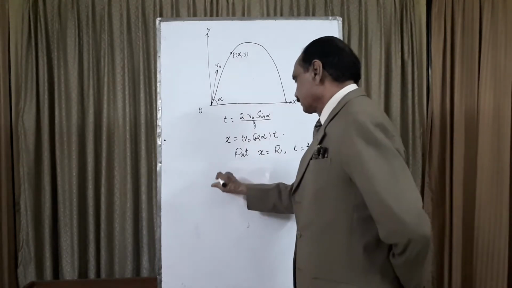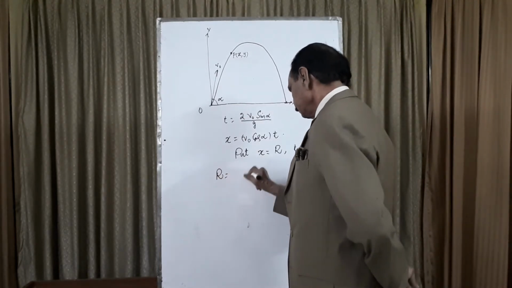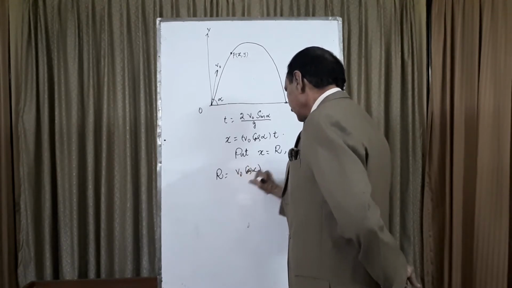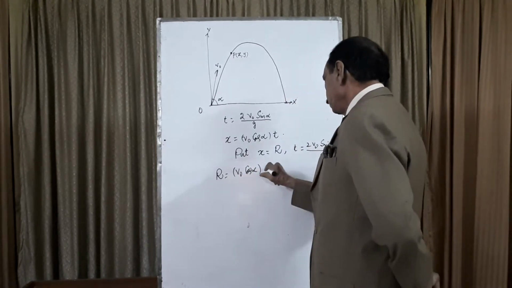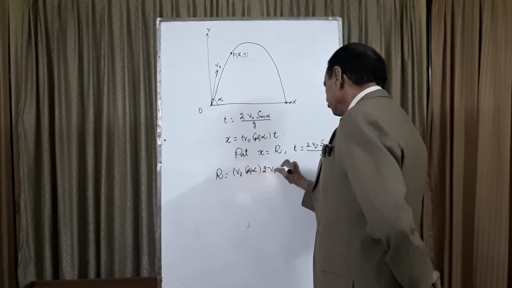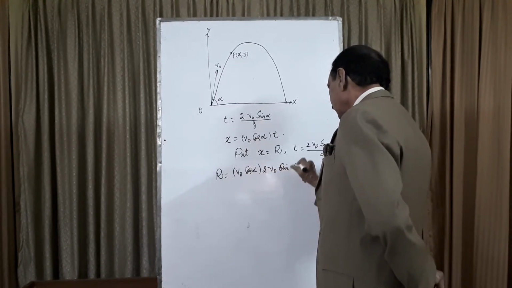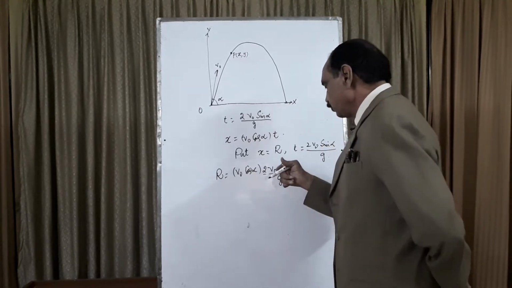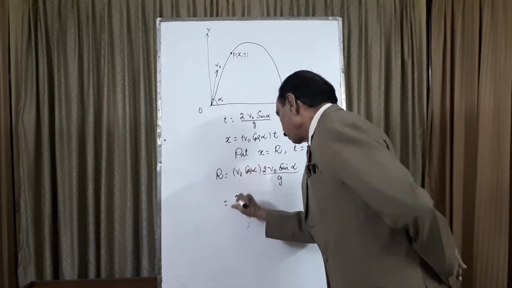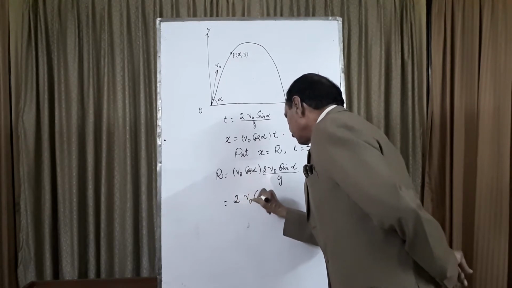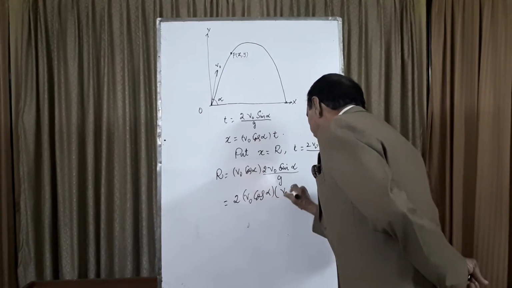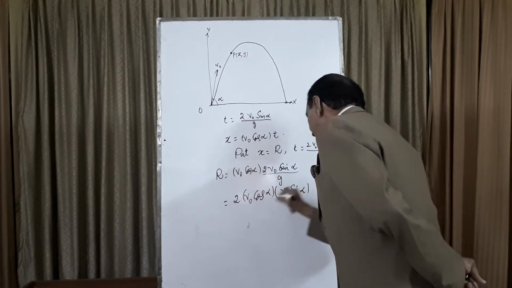We get R is equal to v0 cos alpha into 2 v0 sine alpha over g. We can write it in a beautiful way as 2 v0 cos alpha into v0 sine alpha over g.